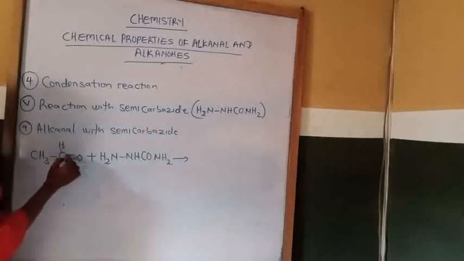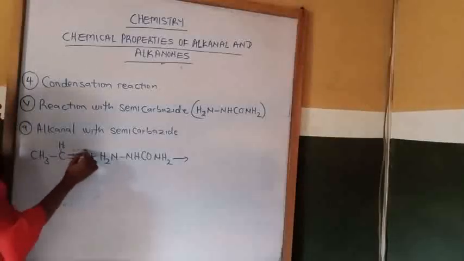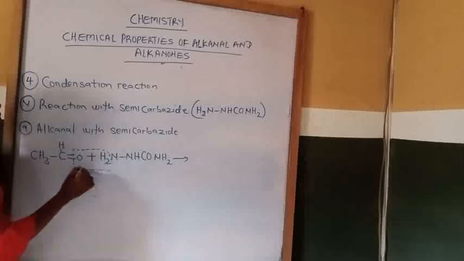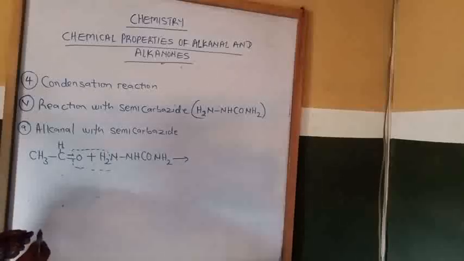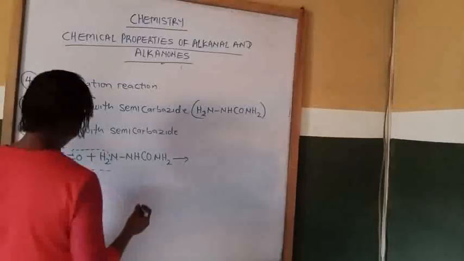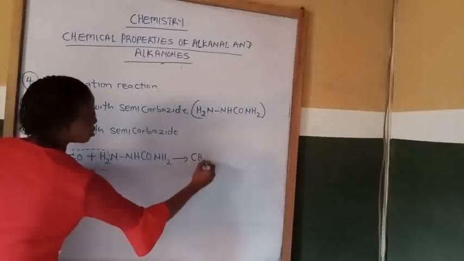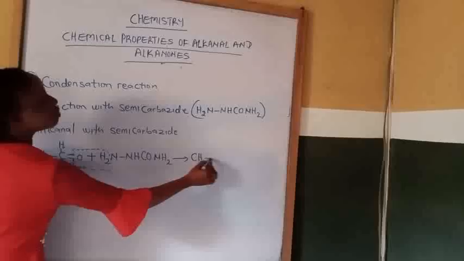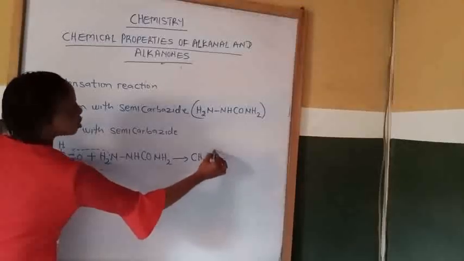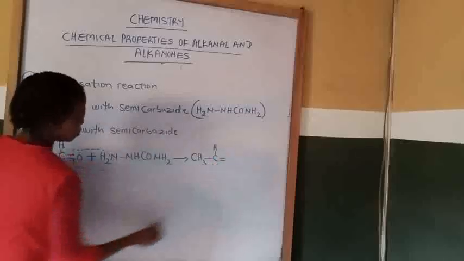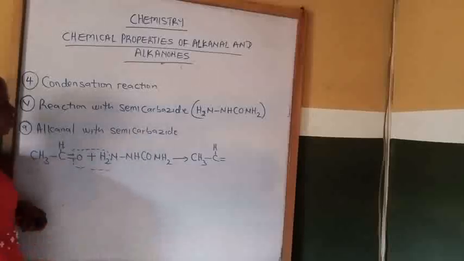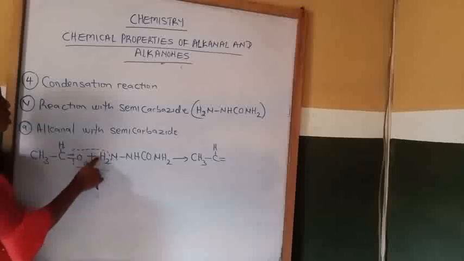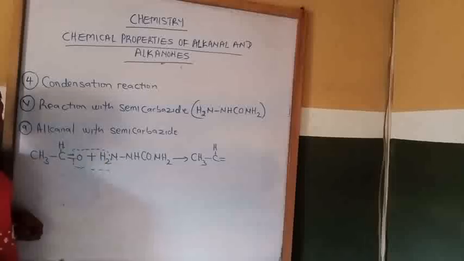There will be elimination of a water molecule. So let's eliminate the water molecule, since condensation is all about the elimination of a water molecule when two reactant molecules combine. So our product will now be CH3 followed by C double bond, then we have H, then this part of the alkanal will react with semicarbazone. Because when there is loss of hydrogen atom from semicarbazide, it will give us semicarbazone.